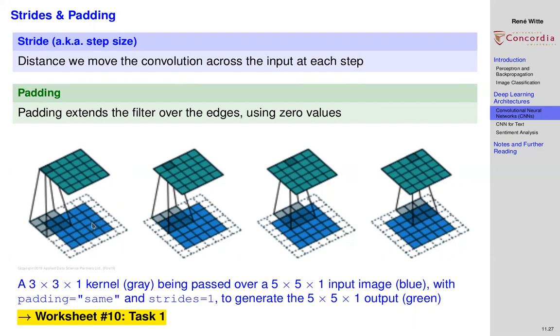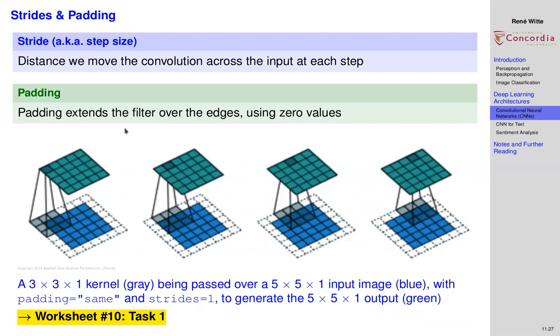The kernel, the filter, is the gray one. And then we generate the green one, which is the output image. If we have a stride of 1, it means we are moving the filter one step at a time. You can also select a stride of 2, so move it 2 steps at a time. And then you can see that the output will become smaller. So kind of a compression of the image. So that's the stride parameter.